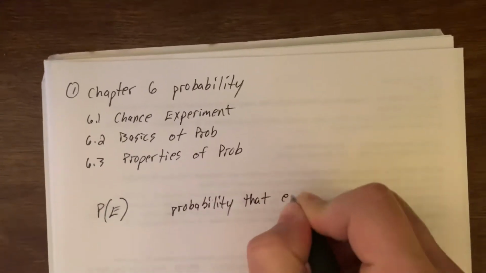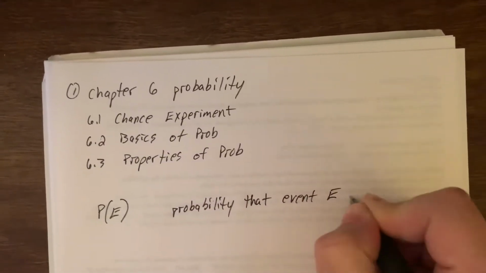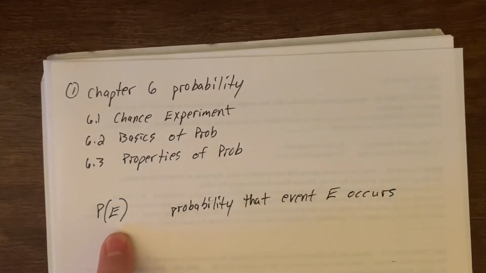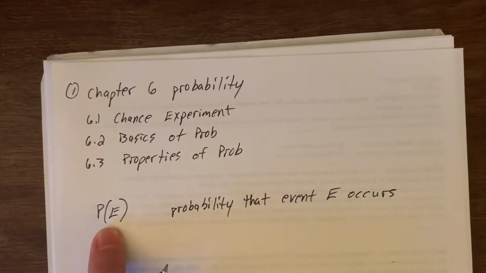that event E occurs. This will be our notation. We use the capital P for probability. And when we're talking about different events, we'll use some different notation. The notation is not the most important aspect here. It has to do with the process.